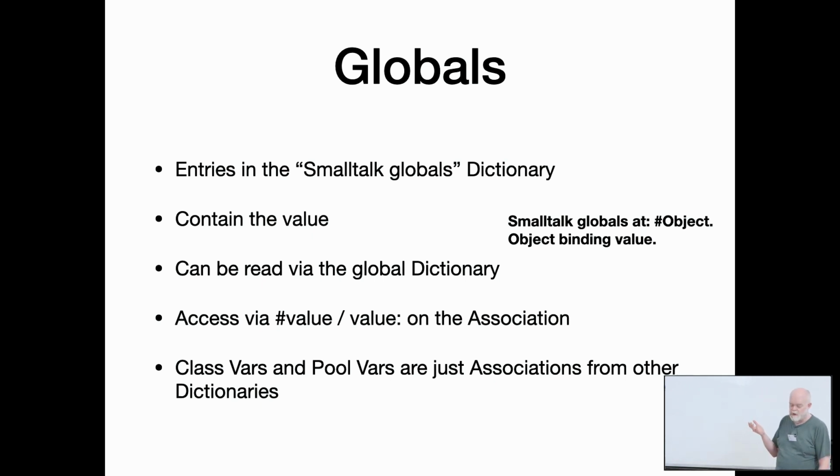The association actually contains the value of the global, and you can read them either from the global dictionary using normal dictionary protocol like at: and at:put:, or you can get out the association and send value to it to get the value. And class variables and pool variables are implemented the same, only that they are from different dictionaries, so not from the global dictionary, but from a dictionary from the class.